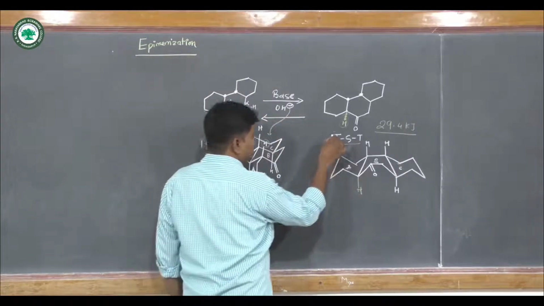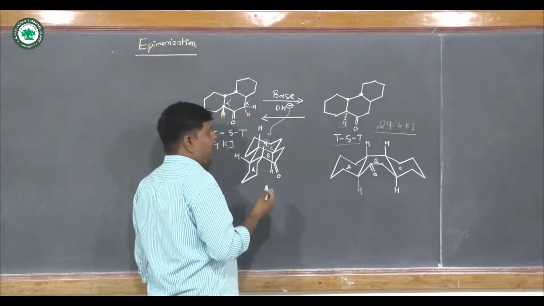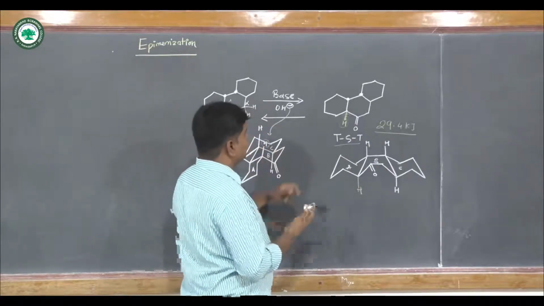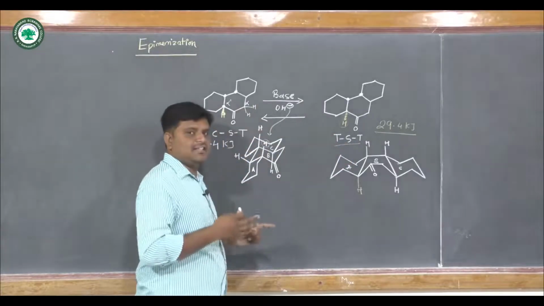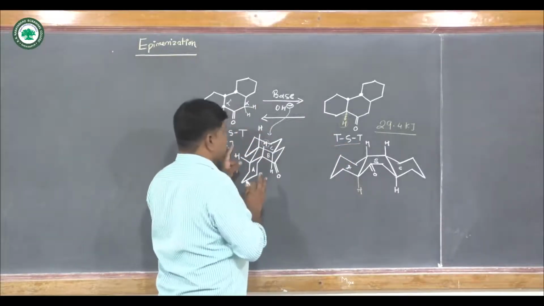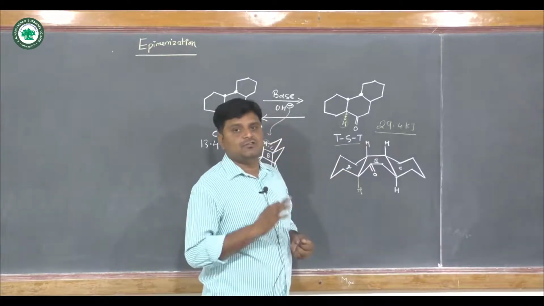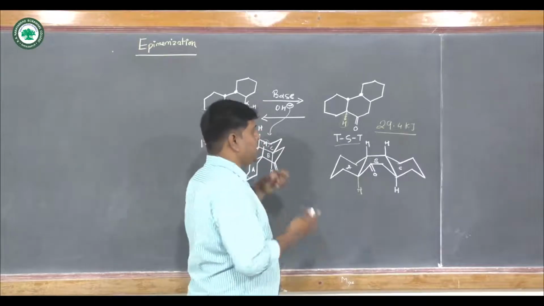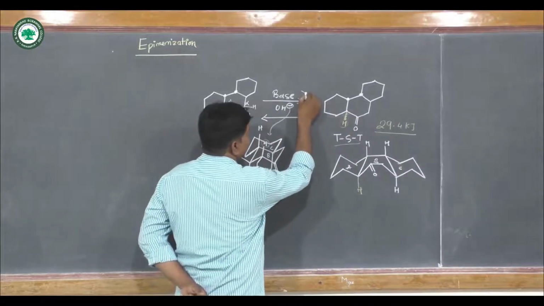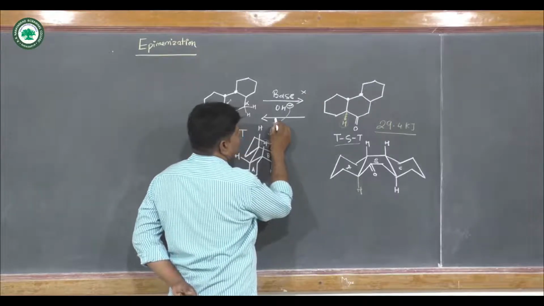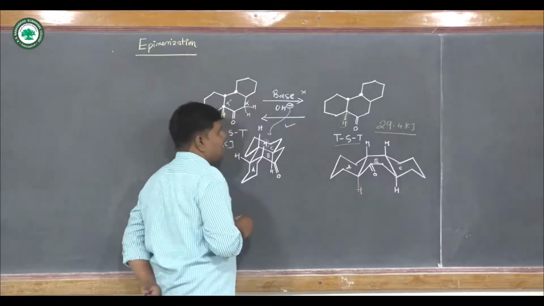But the trans-in-trans very easily epimerizes into the cis-in-trans, whereas the cis-in-trans doesn't epimerize into the trans-in-trans, according to the stability and energy calculation. So the forward reaction is not possible, and the backward reaction is favorable, okay.